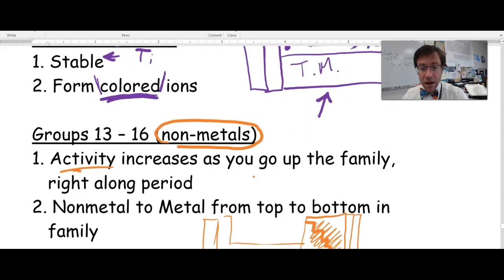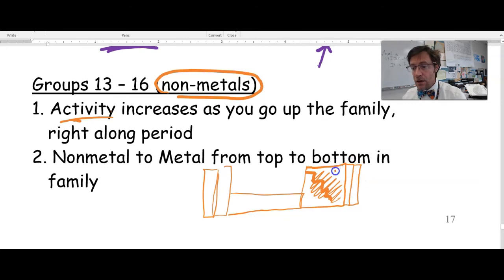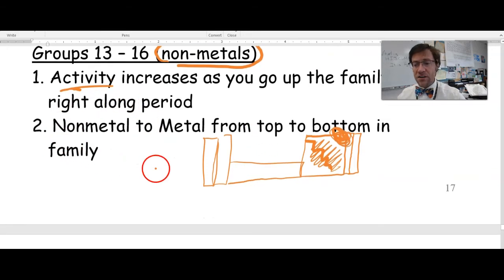Now that we're at the non-metals, it's going to be up here at the top of the family. So this zone up in here is where we're going to get the most reactivity. And at the top, we're going to have non-metals, but once you get down here, you transition into metals.